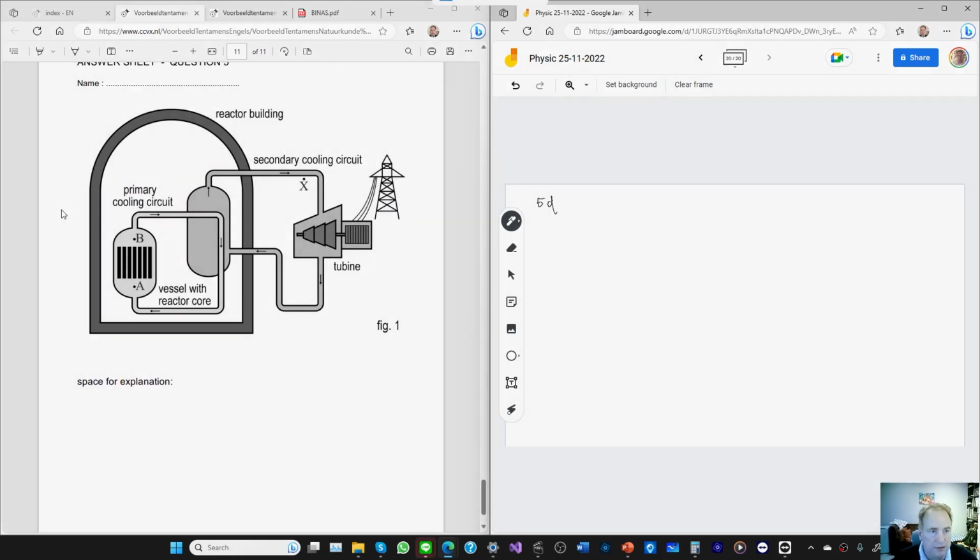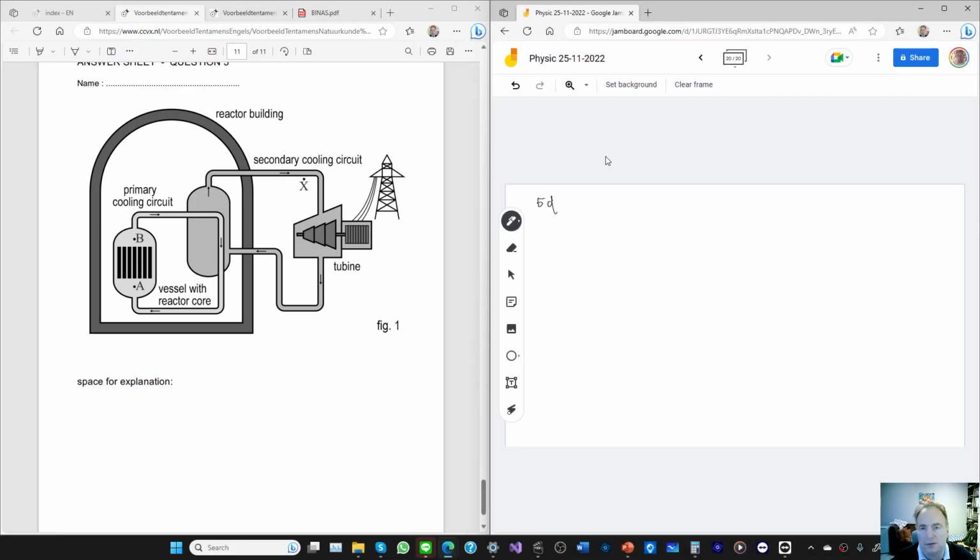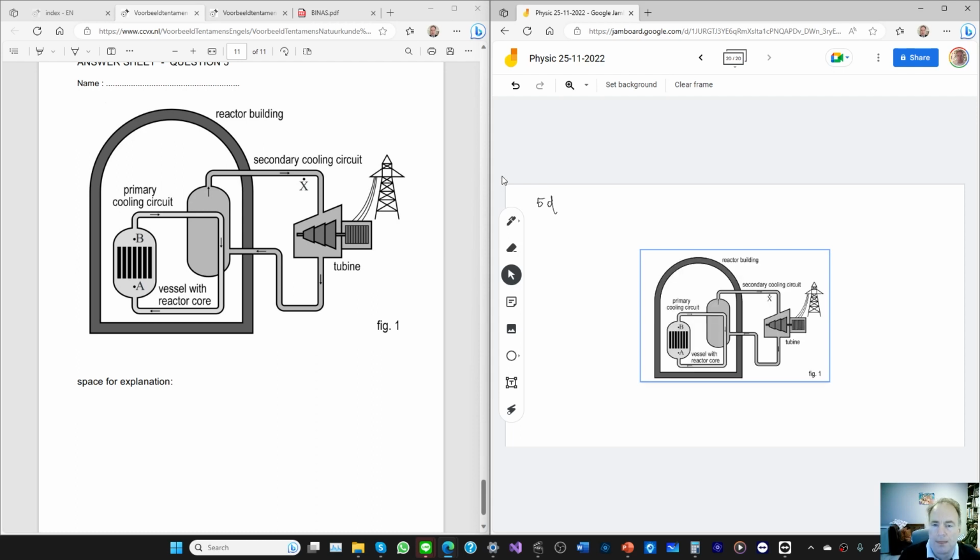All right, here it is. So there is a leak here. The high energy gamma rays are detected here at X. So that means there must be some of the nitrogen-16 decaying there into gamma rays.